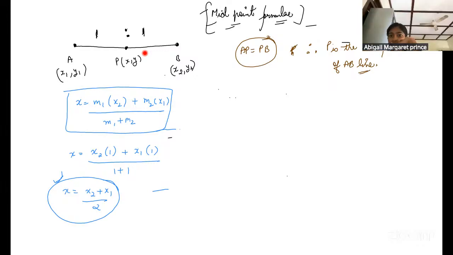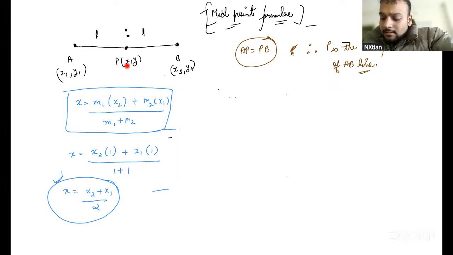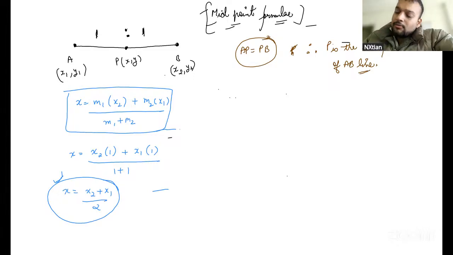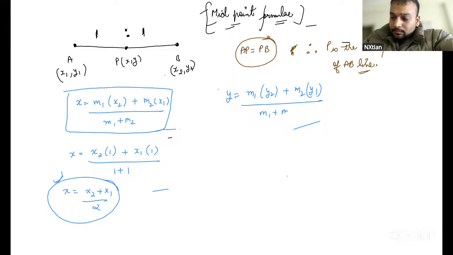Sir, x is the coordinate x for P? Yes, this x is this one. Then what will it be for y? We are making it for y also. The y formula is m1 into y2 plus m2 into y1 upon m1 plus m2.